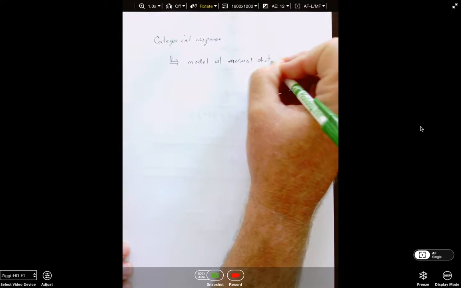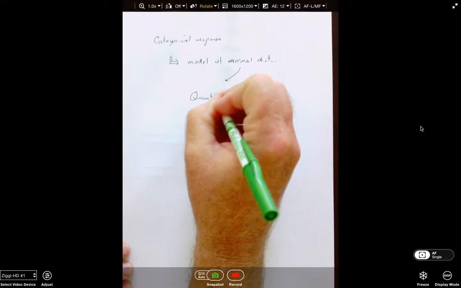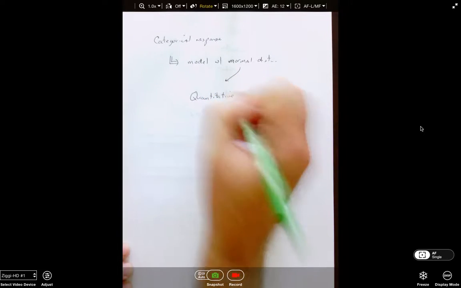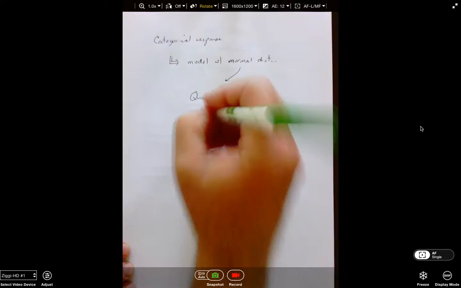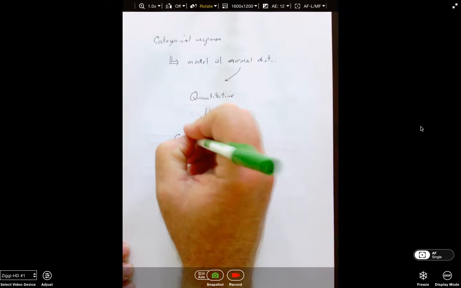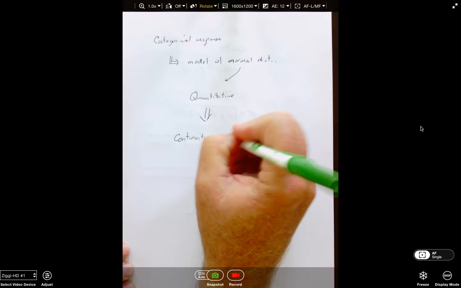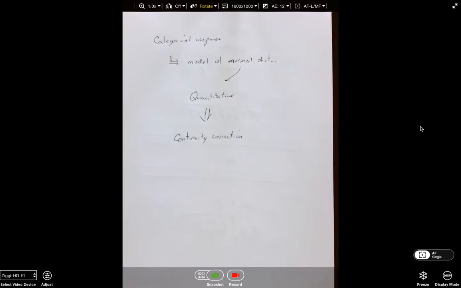Pretend that's an n, which is quantitative. Well, we've got some issues. And the issues are we have to come in and implement what's called a continuity correction.